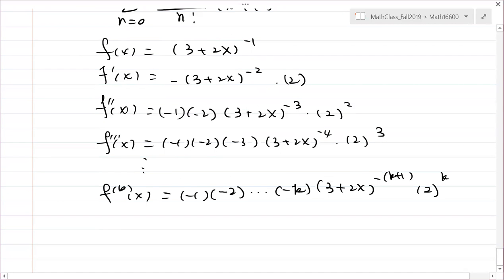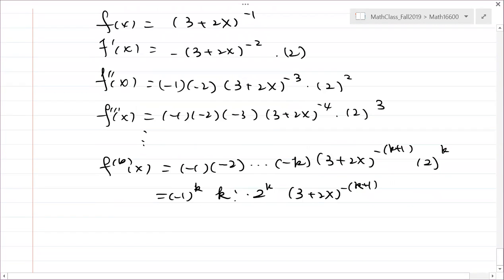Yes, but you have to figure it out from a few examples and make a conjecture. And then how can I write -1, -2? I have to take the negative sign out. Then I have the k factorial, then I have 2 to the k, then 3 plus 2x to the -k plus 1.